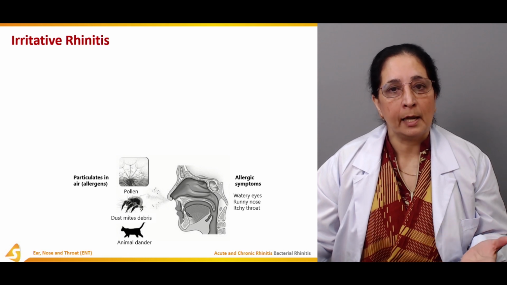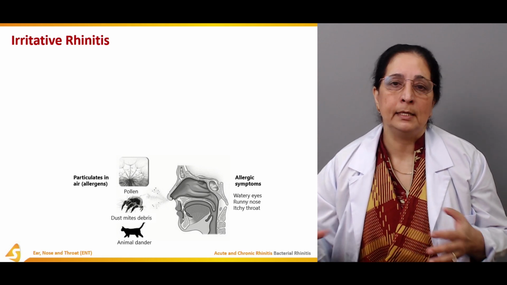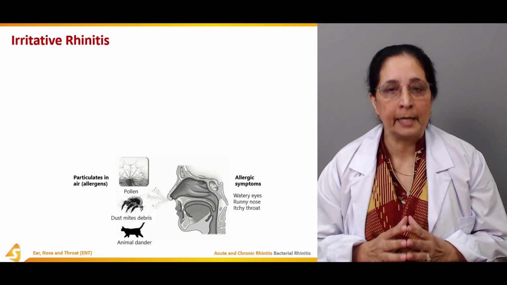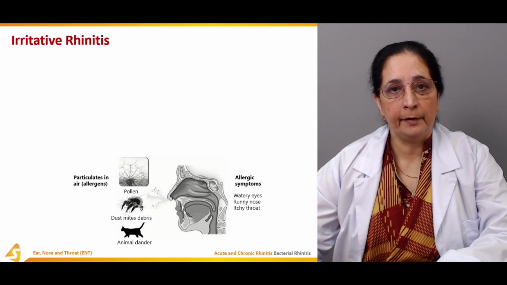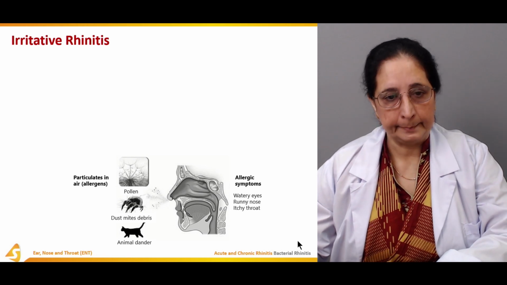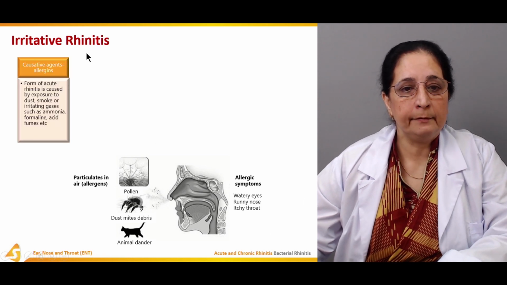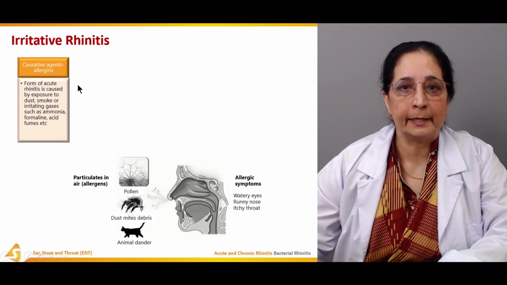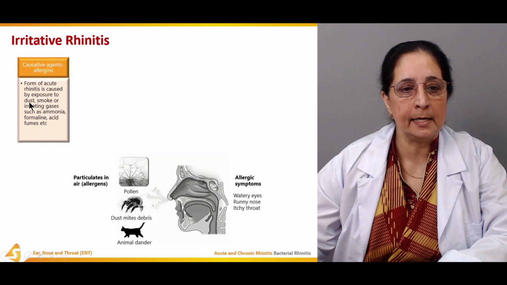They should not have contact with the animals they are allergic to, so they can avoid the severity of their symptoms. So these are the causative agents, the allergens that can cause irritative rhinitis.